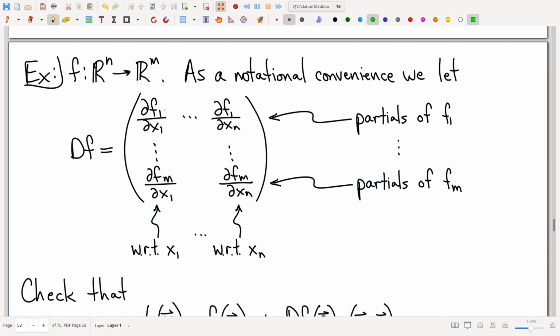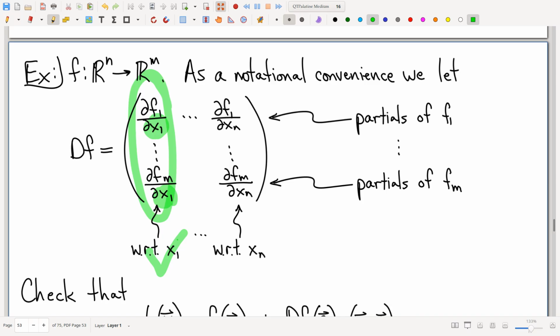The columns are a different way to think about this. What can I say about this column? Well, interestingly, all of the partials in this column are all with respect to the same input variable x1. And there's a point of view on this that I don't want to get into right now.